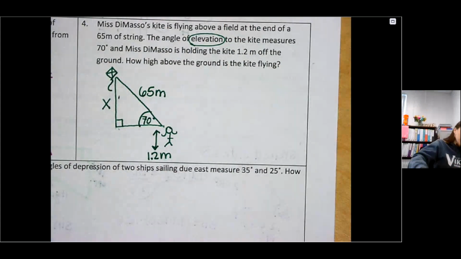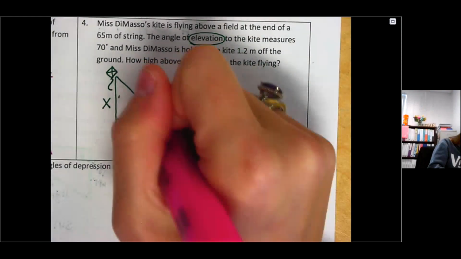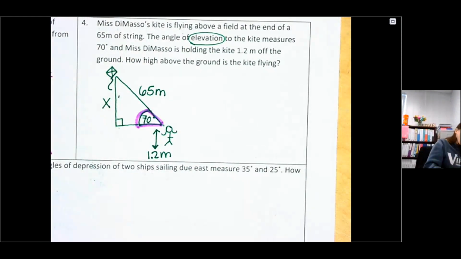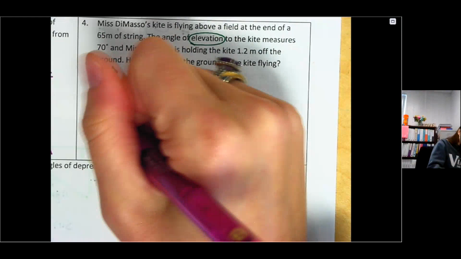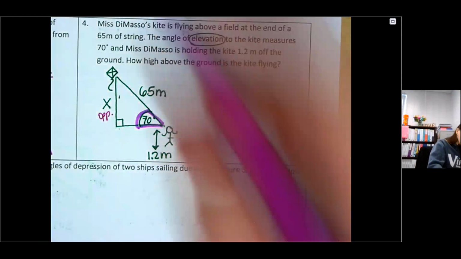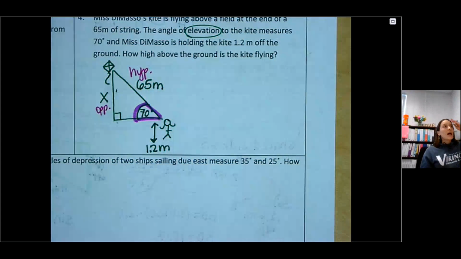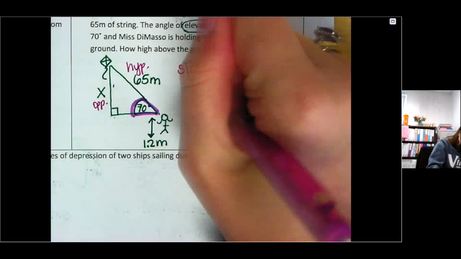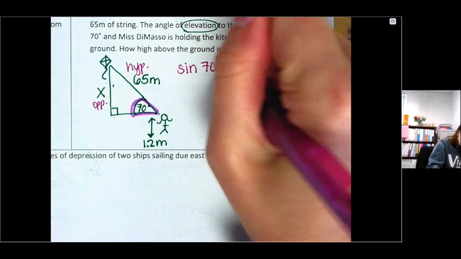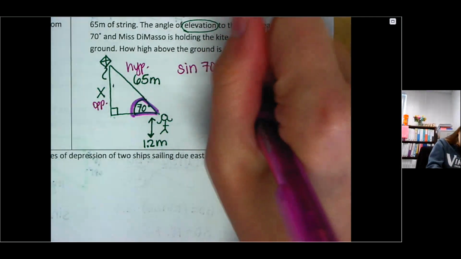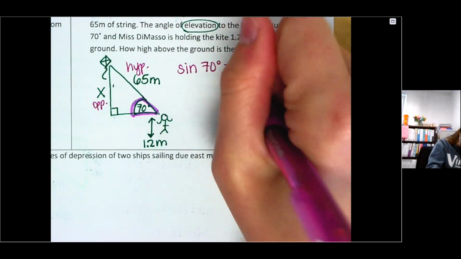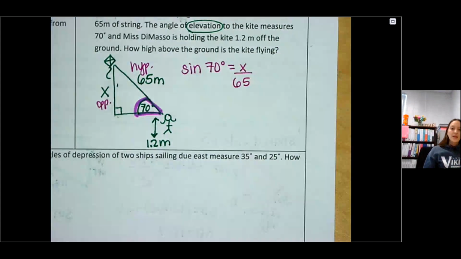Okay, so I label my sides just like we did before. 70 is my reference angle, X is opposite, and 65 is the hypotenuse. Opposite and hypotenuse uses sine. So sine of 70 degrees equals X over 65.